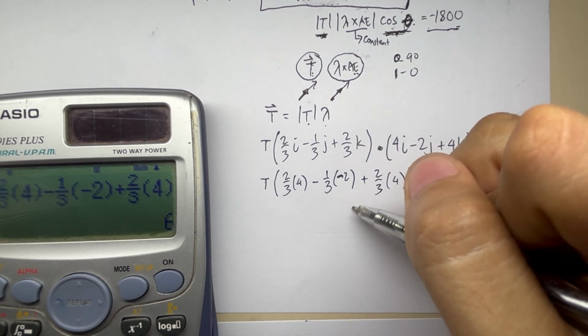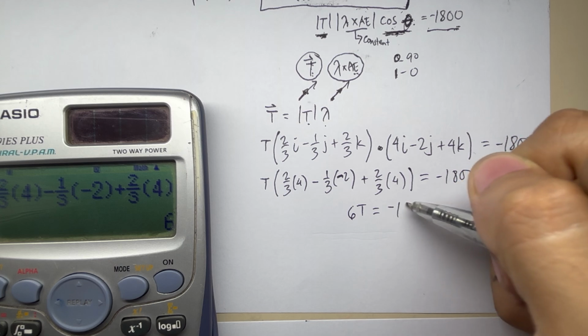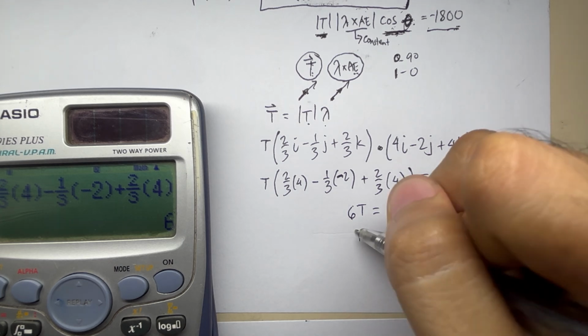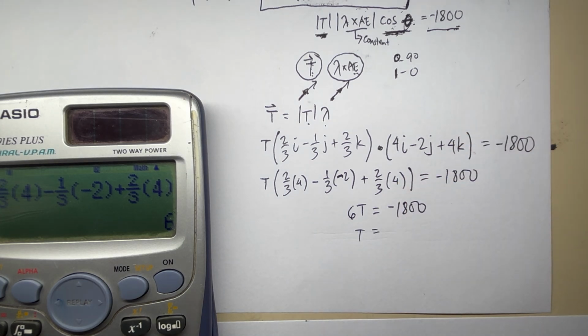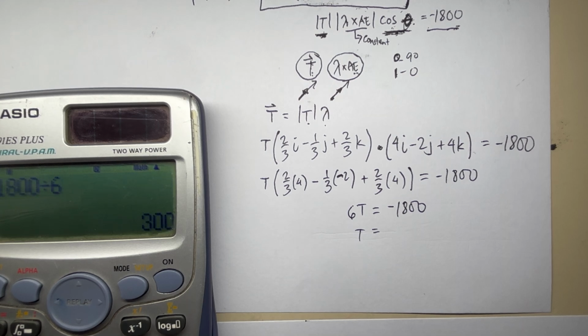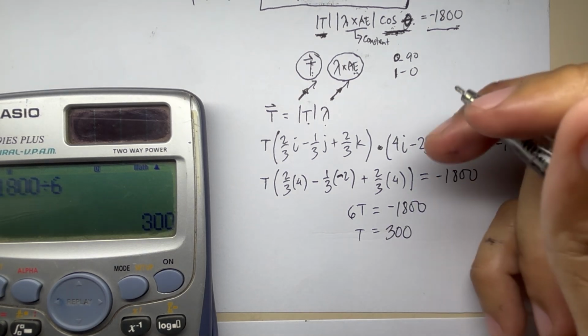So we have 6t equal to negative 1,800. So our t is equal to 1,800 divided by 6, which is 300.